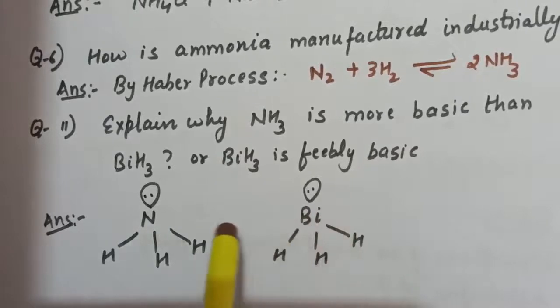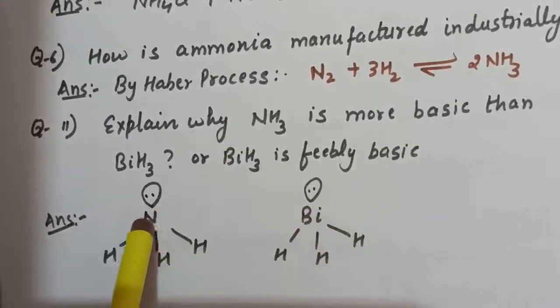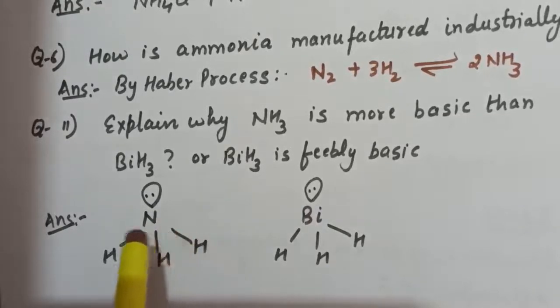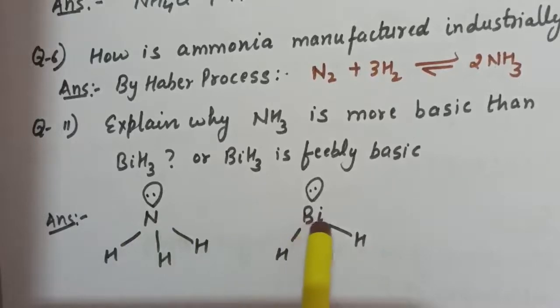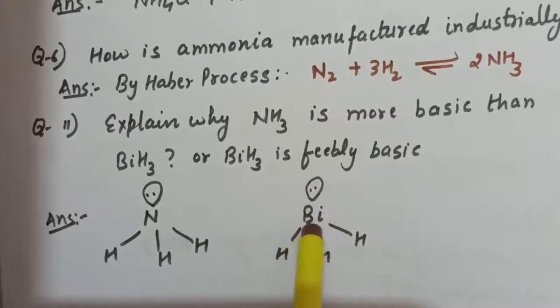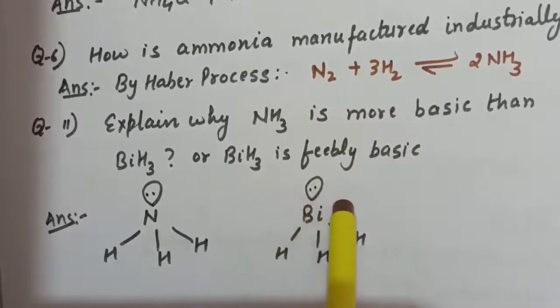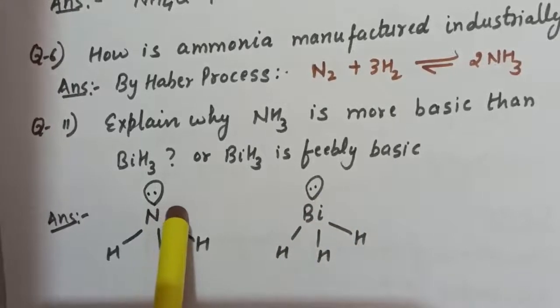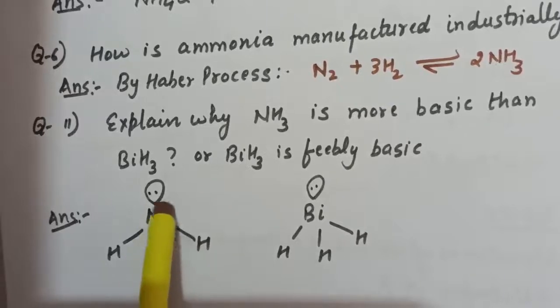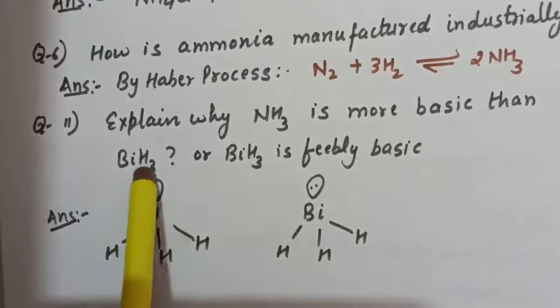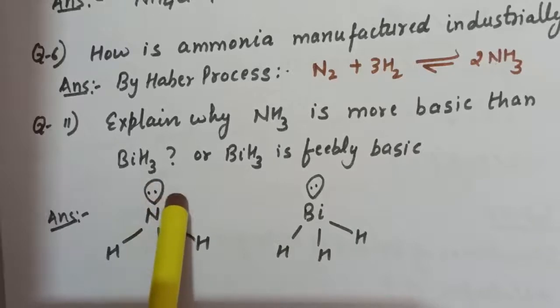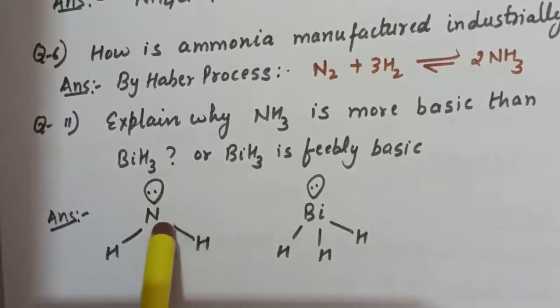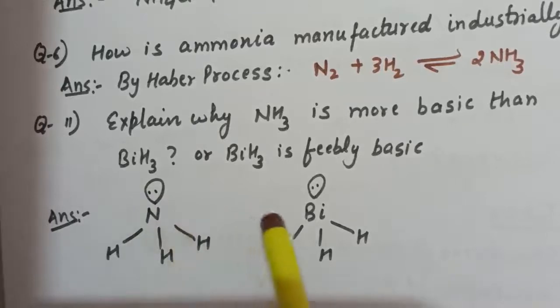In other words, the electron density on the central atom decreases when its size increases. In the case of bismuth, the electron density spreads over a larger volume, therefore it is not easily available for donation. That is why ammonia is a stronger base, because nitrogen is smaller in size and the electron density is available for donation. From here we can see that ammonia is more basic than BiH3.